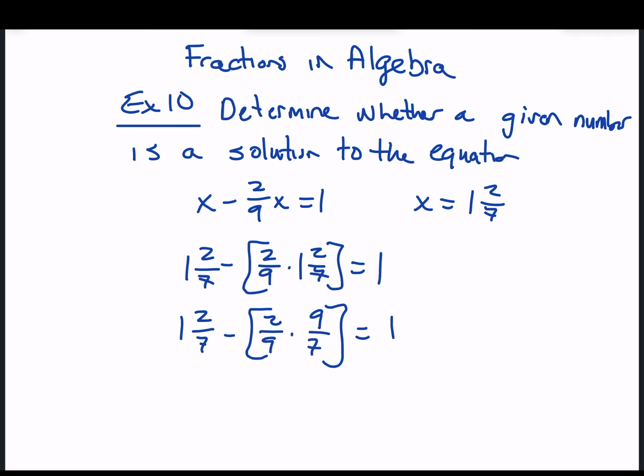And we're still checking to see if that's equal to 1. So when we multiply inside the brackets, we get that the 9s will cancel, so we're left with 2/7. So 1 2/7 minus, in brackets, 2/7 equal to 1.